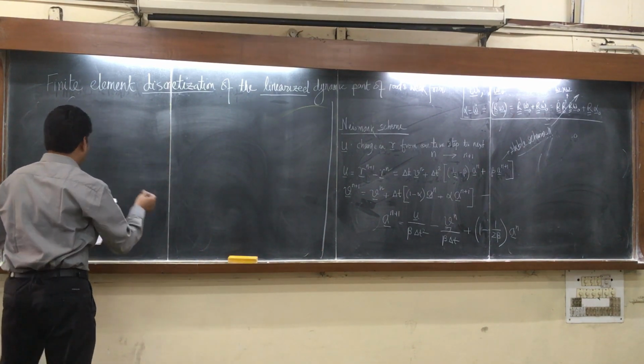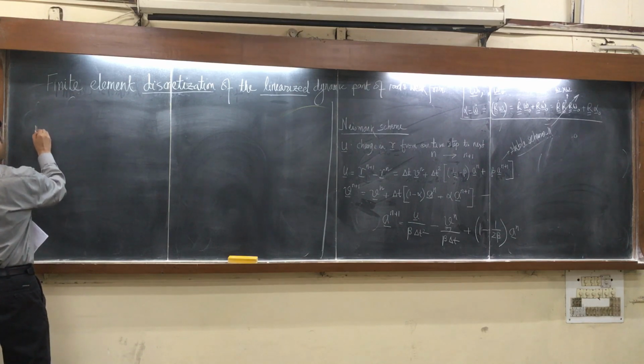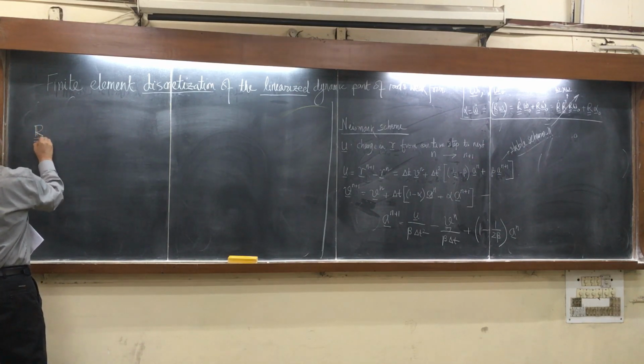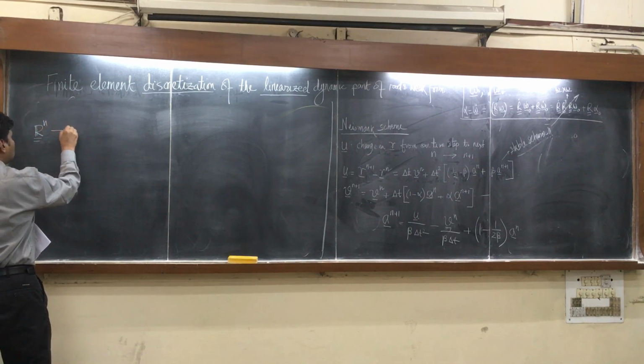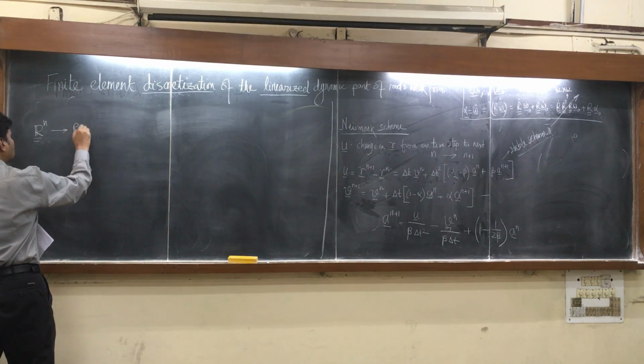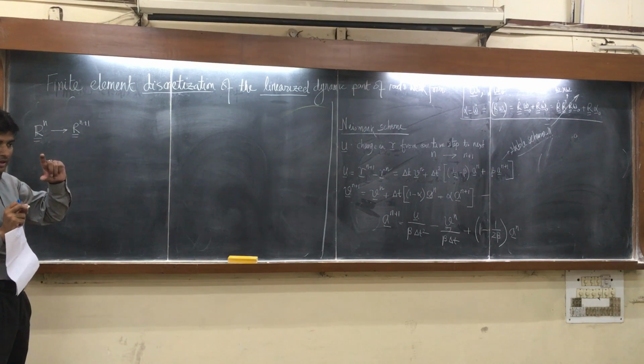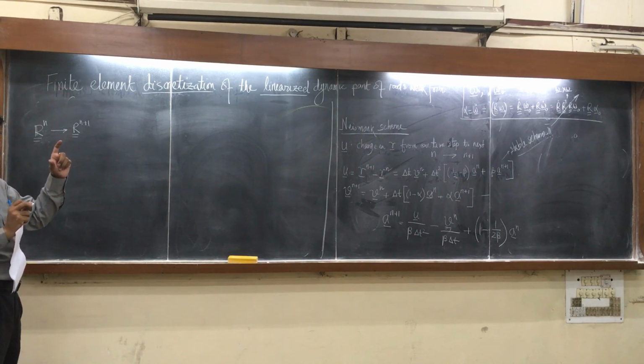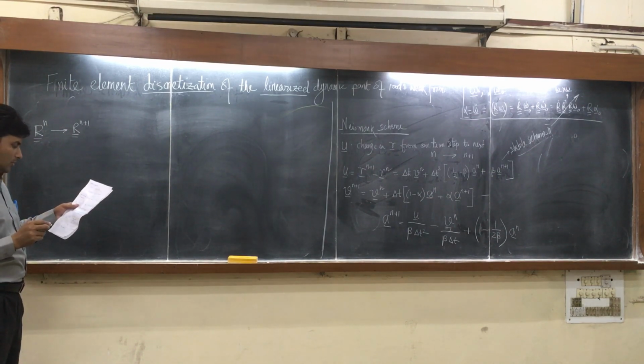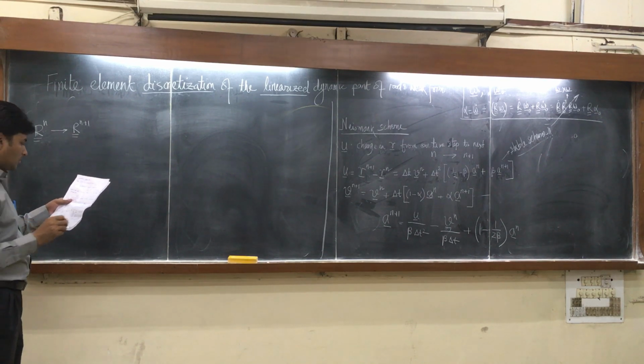So, now as we have rotation at n, we have to get to rotation at n plus 1. We'll say that the increment in the rotation will be denoted by zeta.